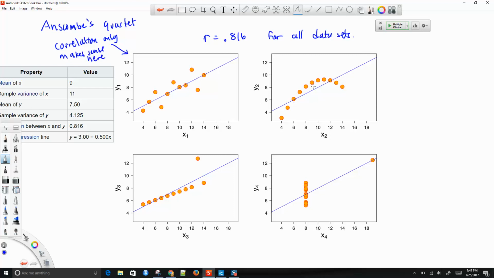Okay. Over here, this is not linear. Okay. Over here, the correlation should probably be exactly 1, except you have a single outlier that's throwing everything off. Okay. So we have one outlier that throws off an otherwise straight line.